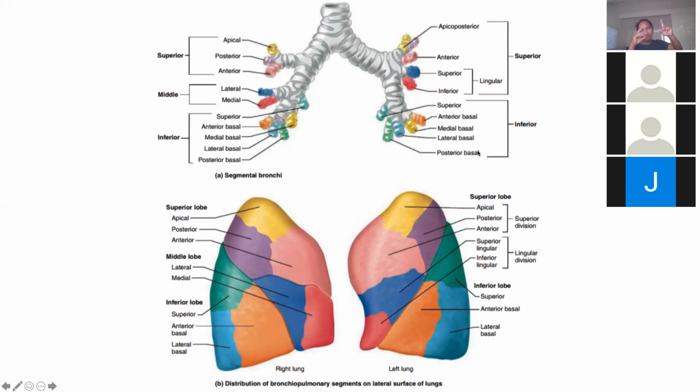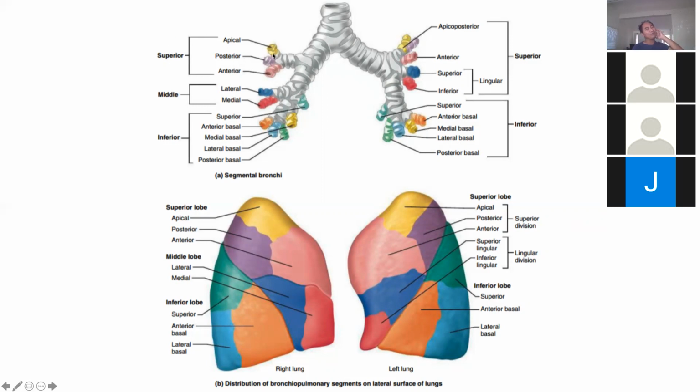If you read carefully, it is very similar. But I want you to appreciate there are about 10 bronchopulmonary segments in the right lung, and about 9 or 10 in the left. The importance of the bronchopulmonary segment is that it tries to contain infection or cancer in one segment, so that if there is any problem, we don't need to remove the whole right superior lobe.